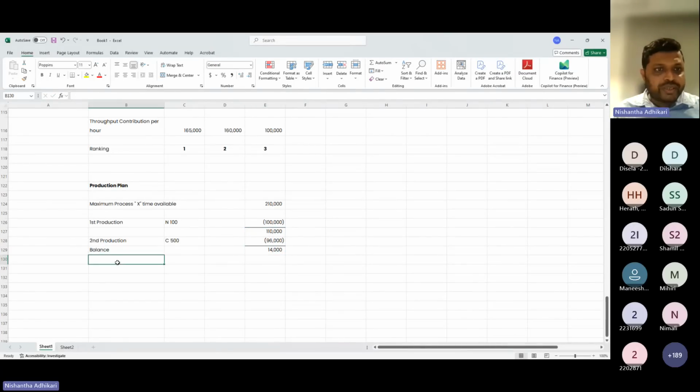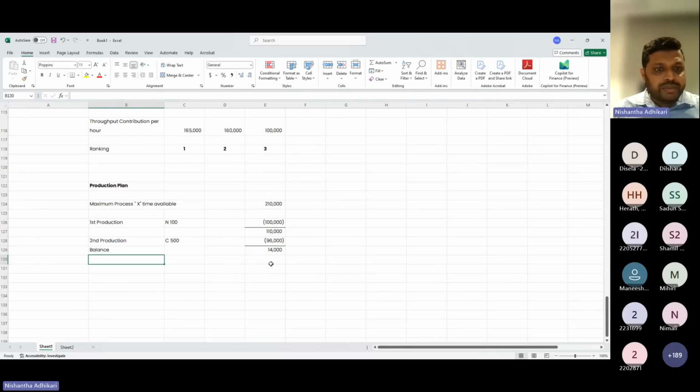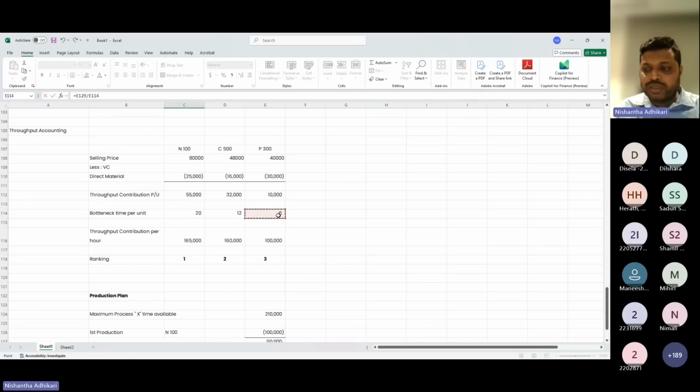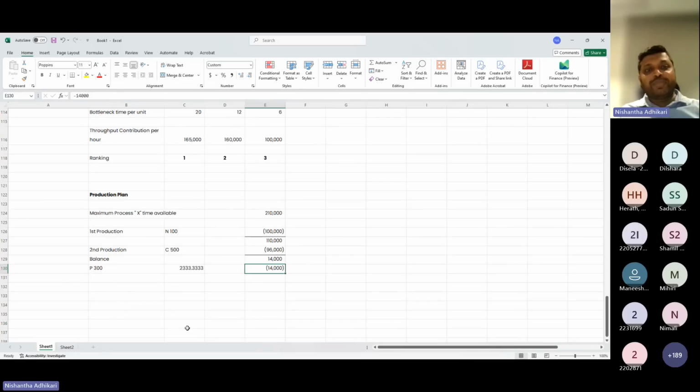It will be allocated to P300. How to work out? 14,000 divided by 6 minutes each, 2,333 units. Then you will use the balance 14,000. Right, that's how the production plan looks.